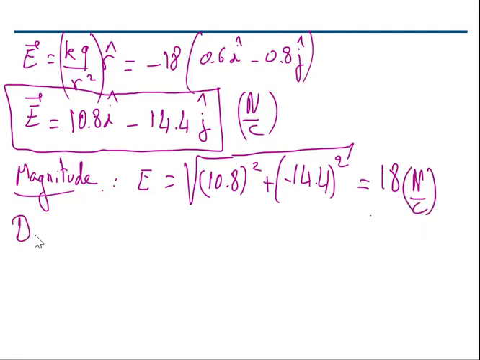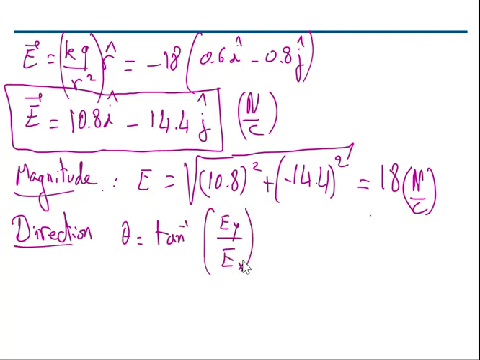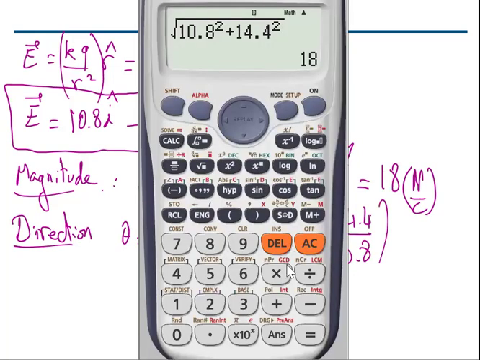What about the direction of this electric field? Let's say the angle is theta. Theta is tan inverse of EY over EX, which is equal to tan inverse of minus 14.4 divided by 10.8.